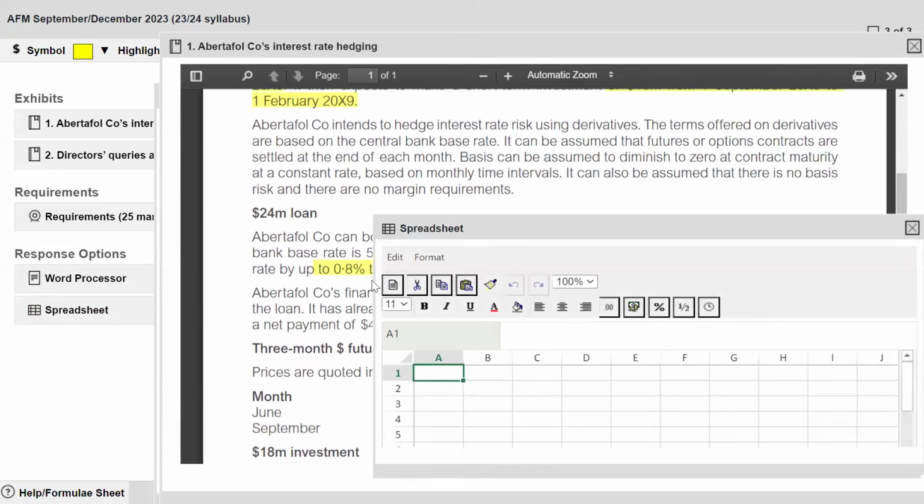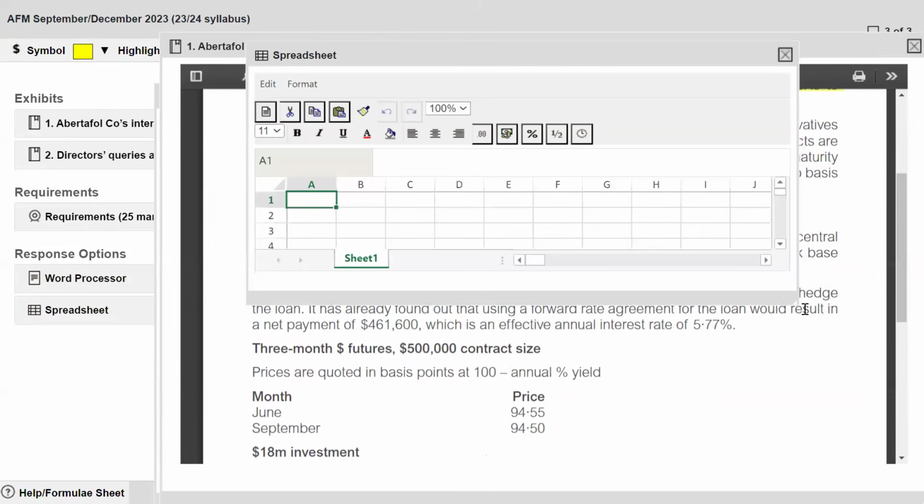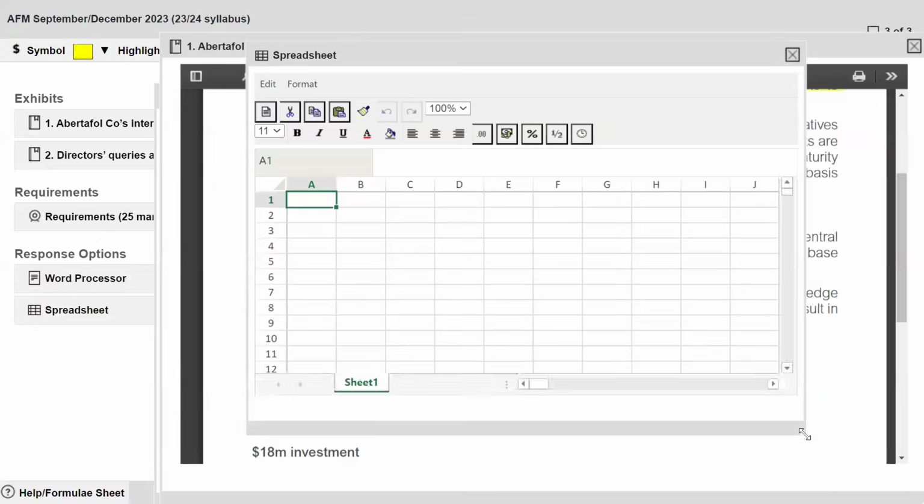Okay, let's see. For the interest, the $24 million loan hedging strategy: interest rate futures, IRF.